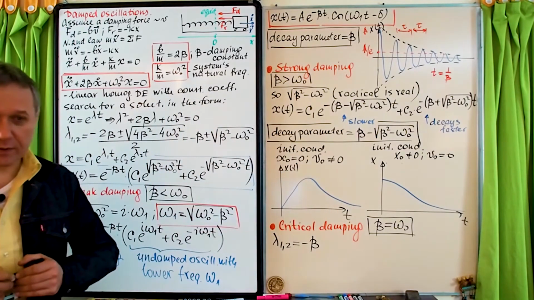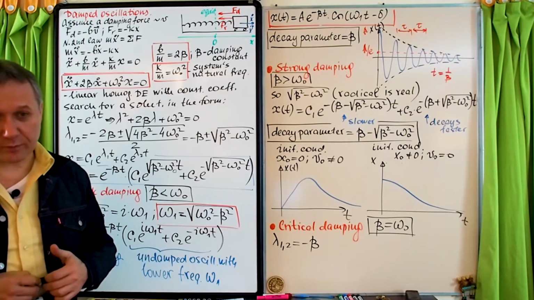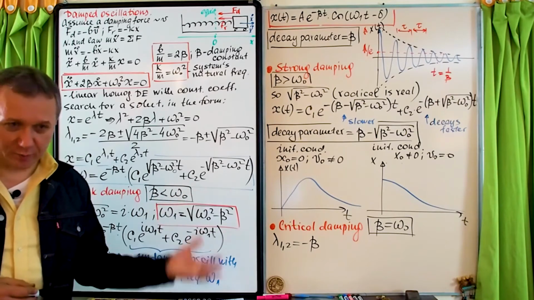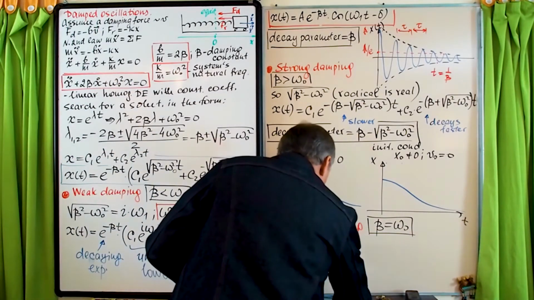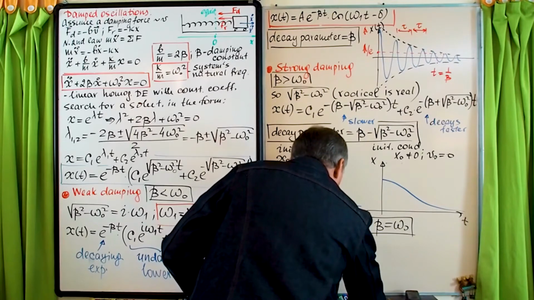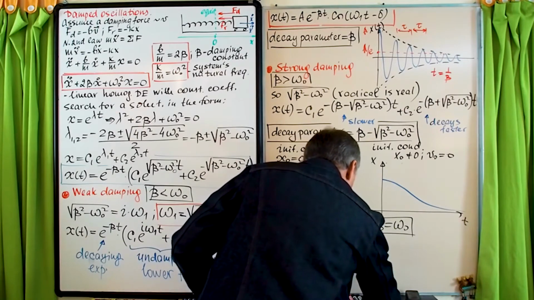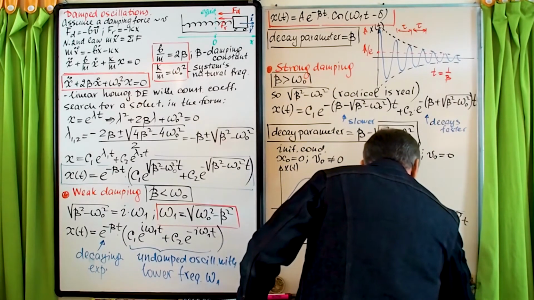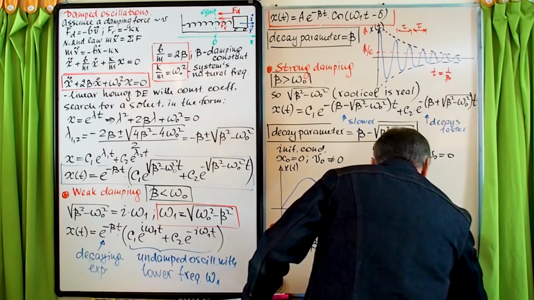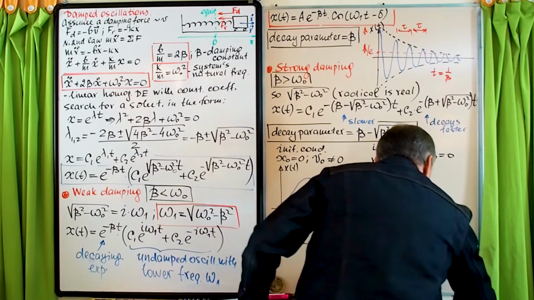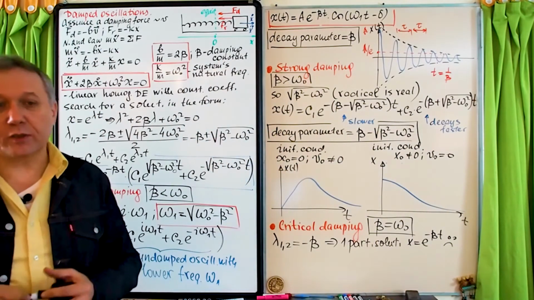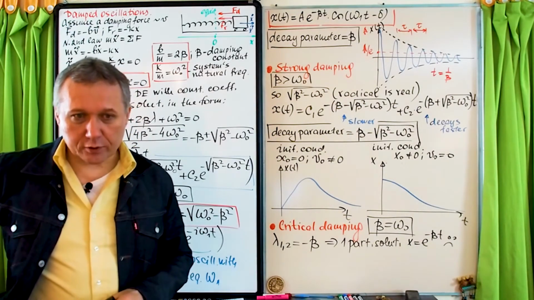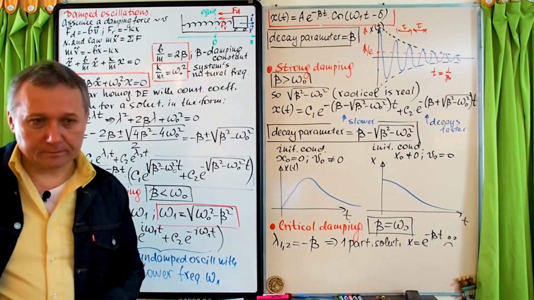So we have only one solution of the characteristic equation, and it means that we can construct only one particular solution, which is x equals e to the power of minus beta t. And that's a big problem, because we need two particular solutions in order to construct a general solution of the second order differential equation.